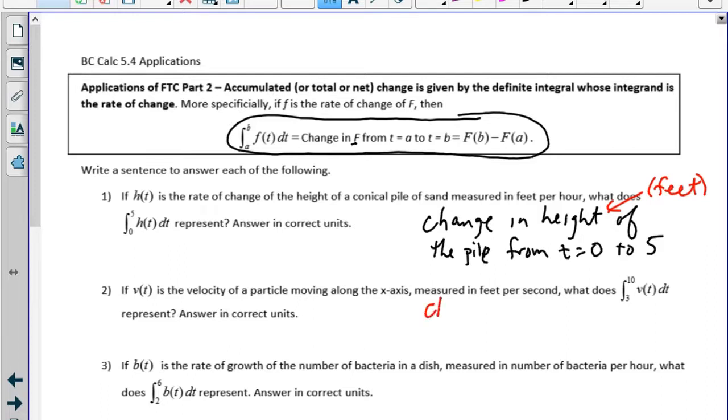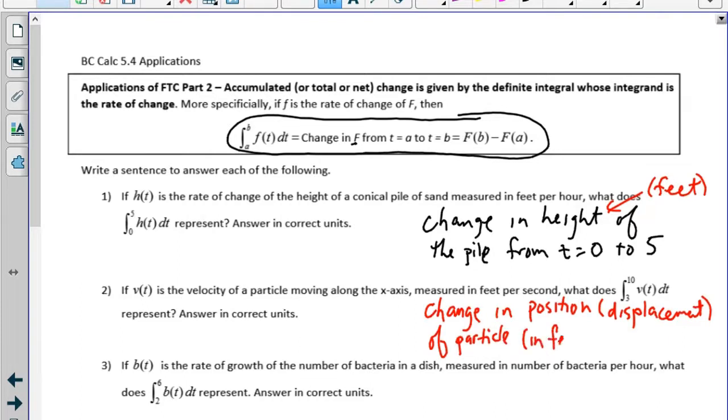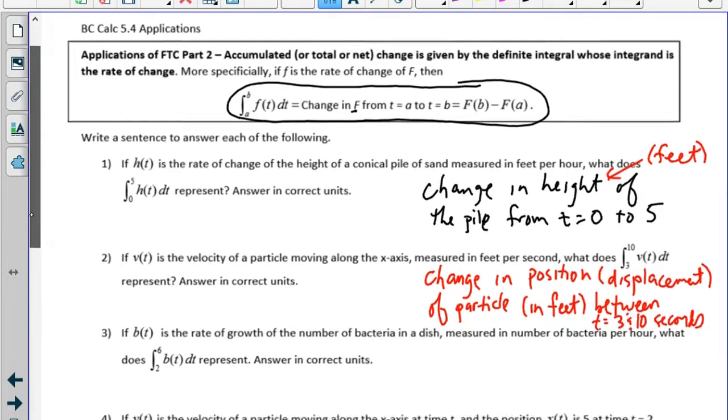So this is the total change in position, or displacement, of the particle along the x-axis in feet between 3 and 10 seconds. So between t equals 3 and t equals 10 seconds.